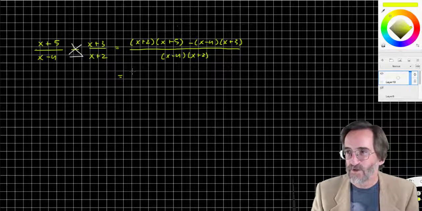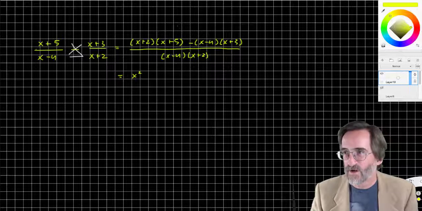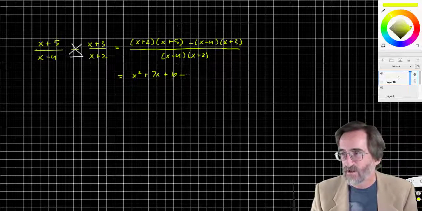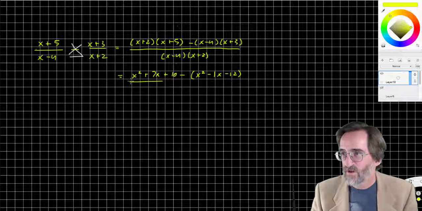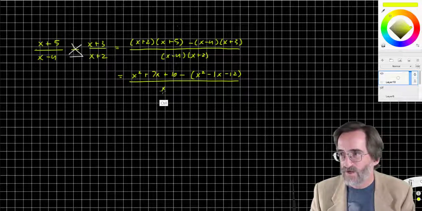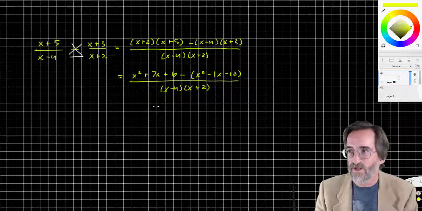So we can multiply the top, x squared, 5 and 2 is 7x, 5 times 2 is 10, minus, careful of the sign, x squared, minus 4 plus 3 is minus 1x, negative 4 times 3 is negative 12, over x squared minus, and I'm going to leave the denominator factored for now, x minus 4, because I'm interested to see if we get any canceling.